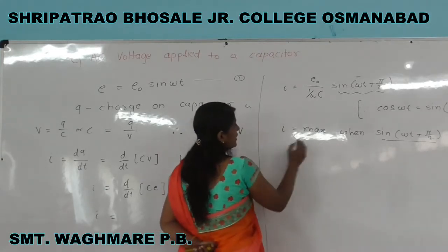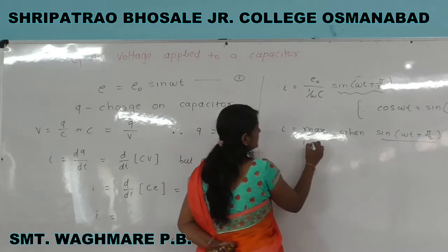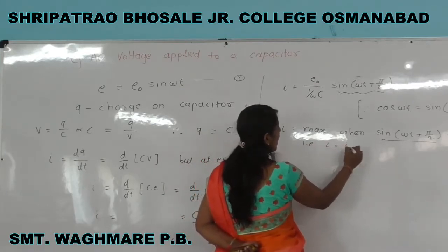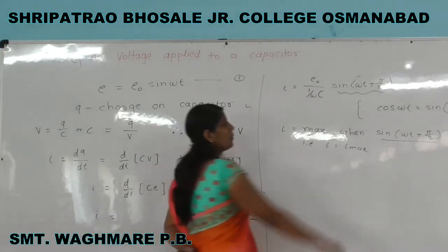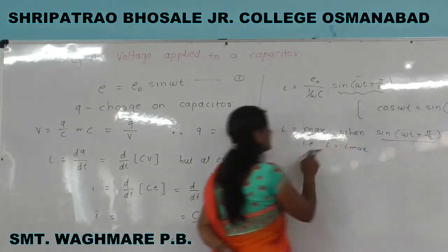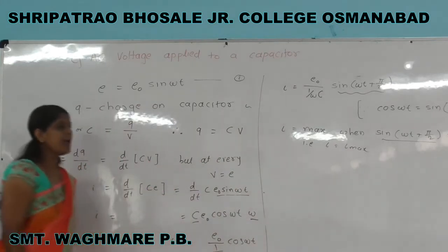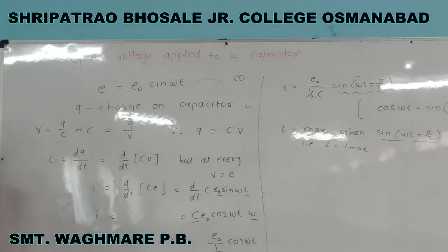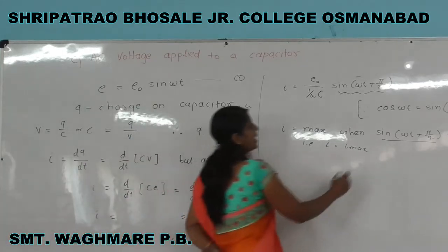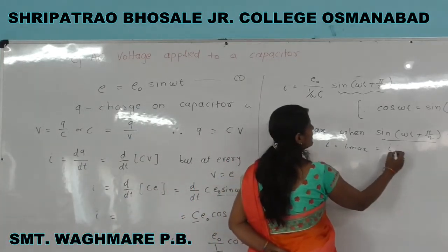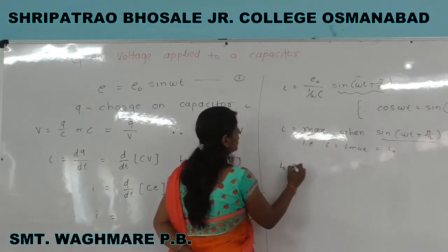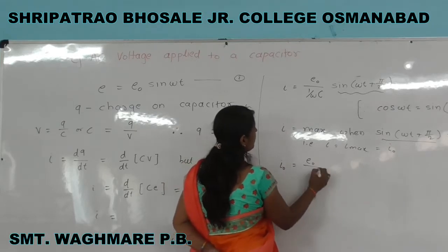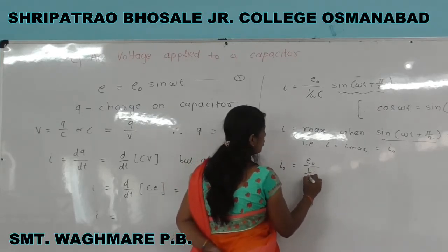That is, I is equal to I maximum. If sine omega t plus pi by 2 is equal to 1, then I is equal to I maximum, and therefore I maximum is denoted by I naught. We can write here I naught is equal to E naught upon 1 upon omega c.